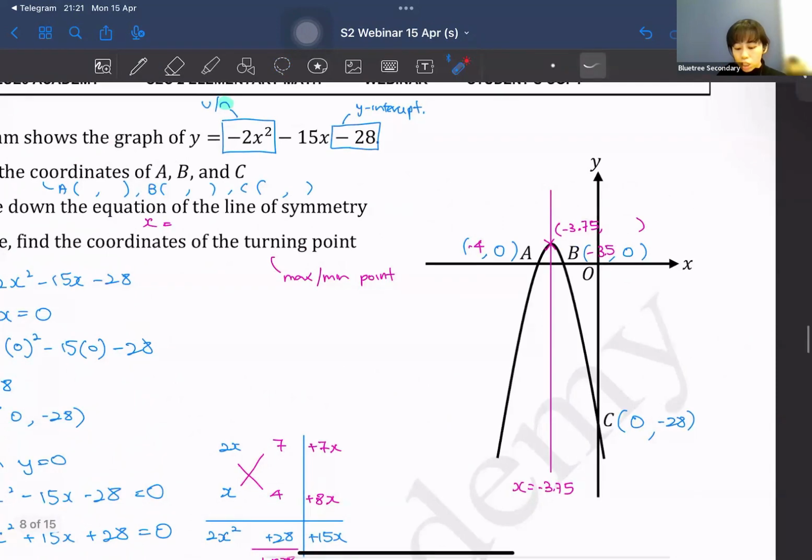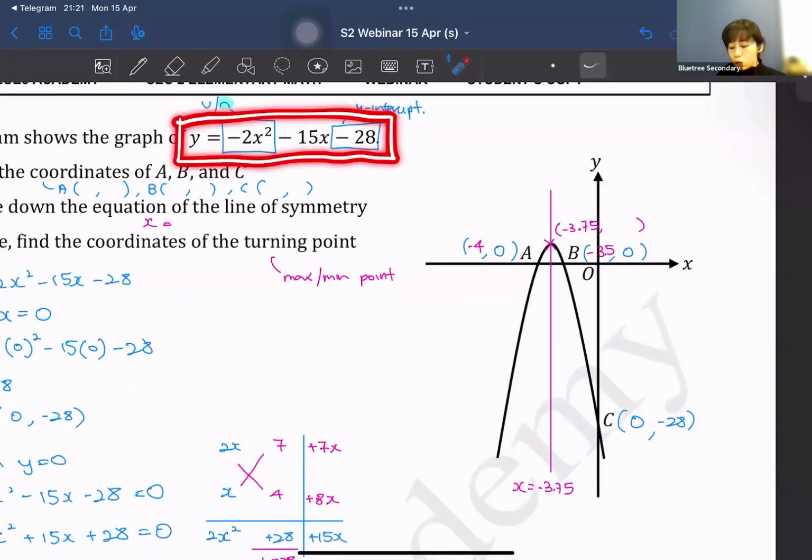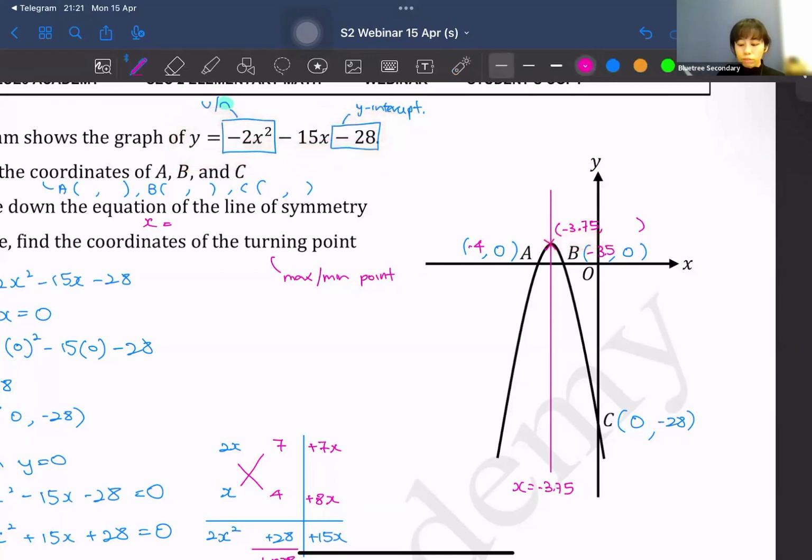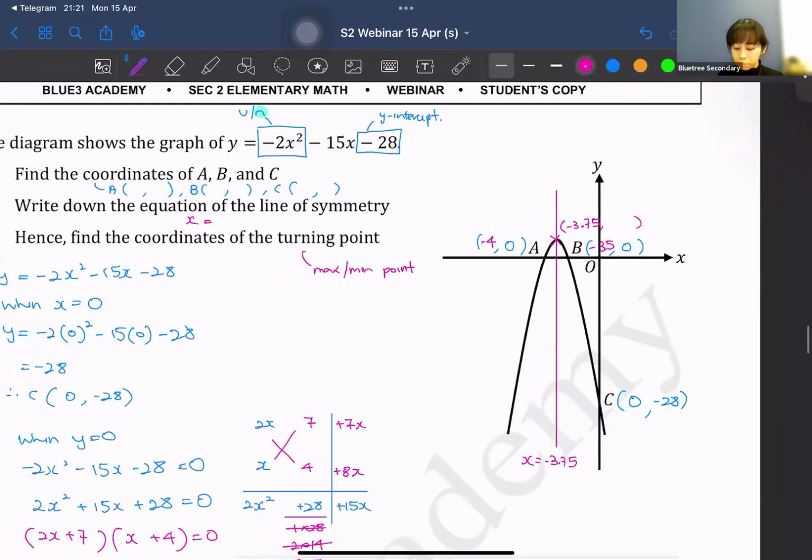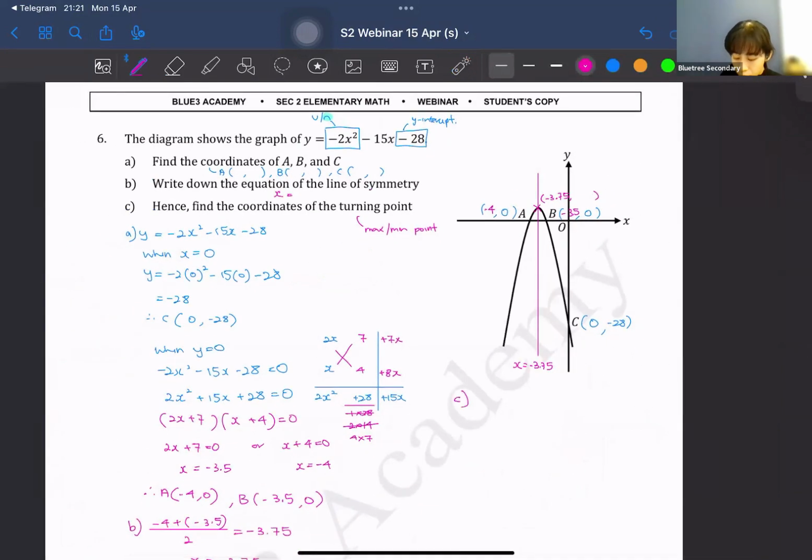Go back to the function. You have two unknowns, of which you already know that one of the unknowns is negative 3.75. So to solve for the other unknown, just substitute this negative 3.75 into the function to solve for y.